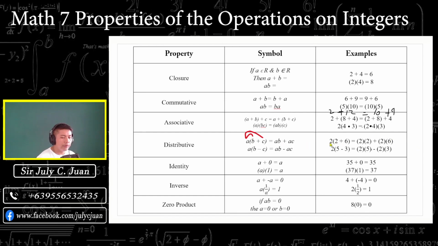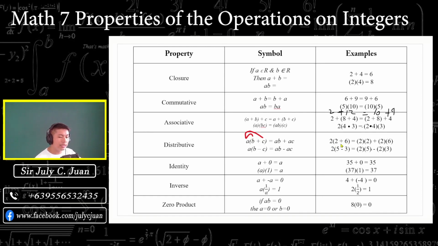Ganun din dito, we have 2 times the quantity of 2 plus 6 is equal to 2 times 2 plus 2 times 6. Ito yung madalas kong na-encounter na kamalian ng ating mga estudyante, minsan ang minumultiply na lang nila is 2 times 2. Ang naging kalalabasan niyan is 2 times 2, 4 plus 6. So magiging mali yun, no?